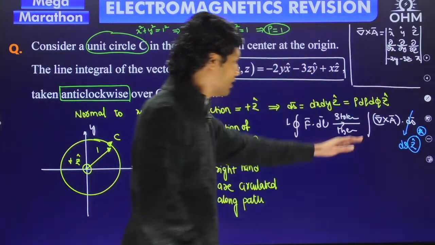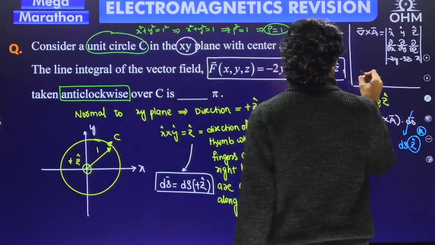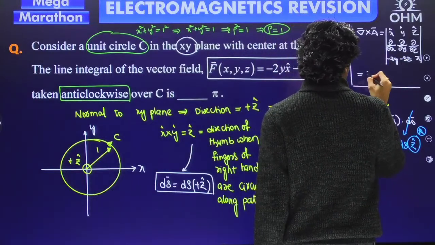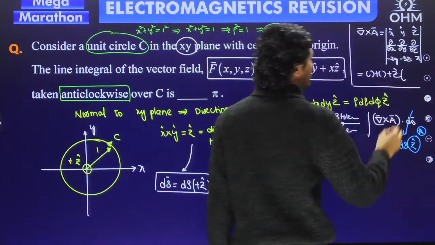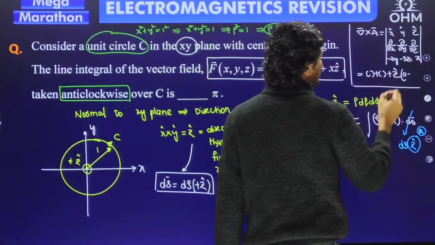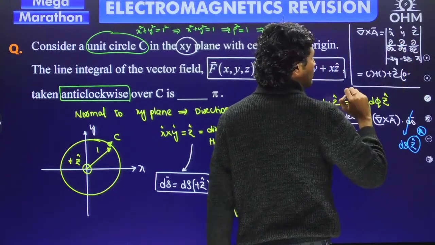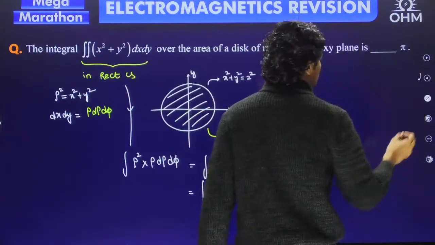Like I've told you, I only have to take the z component of curl. I'll have some x and y components, but I don't care. What is the z component? Dou by dou x of minus 3z is 0, minus dou by dou y of minus 2y, which becomes minus 2.